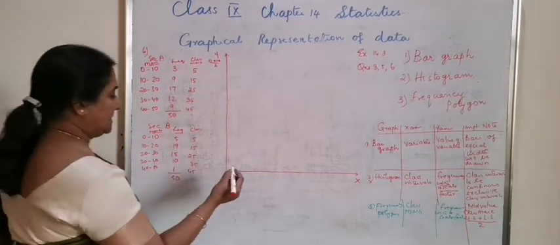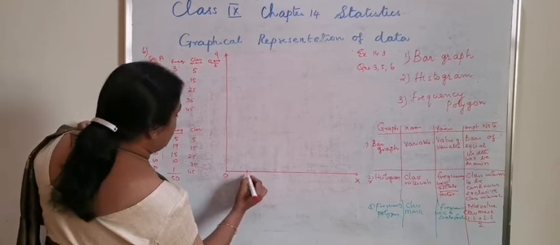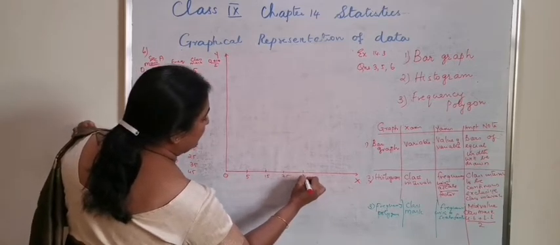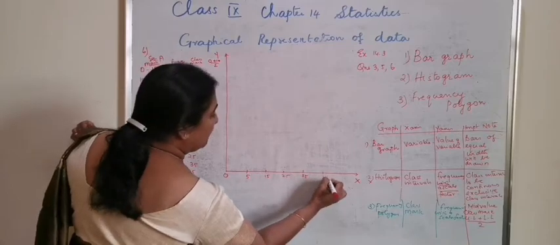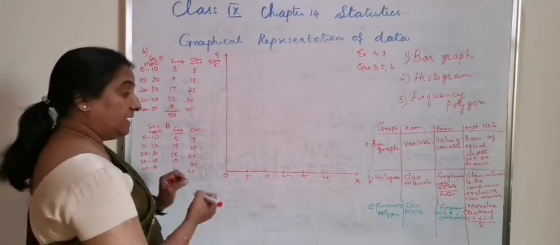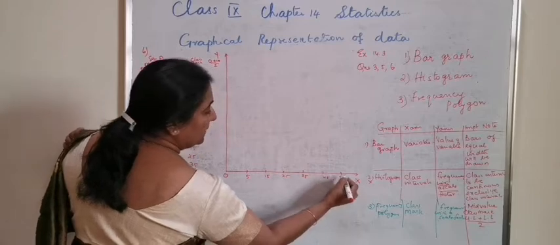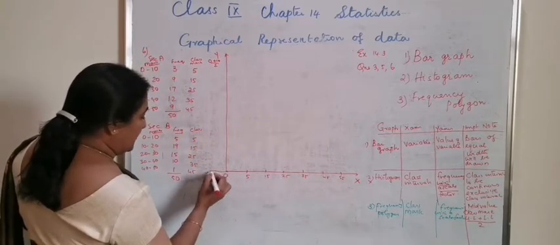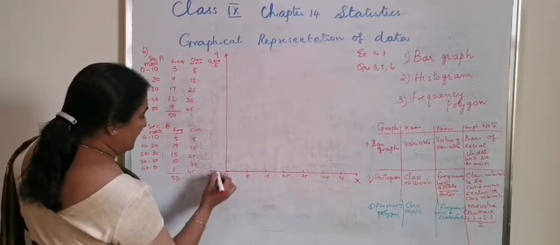Since we have to mark it on the same graph, let's mark 5, 15, 25, 35, 45. As always, we need one more class for the frequency polygon to be closed, here an imaginary class at -5.